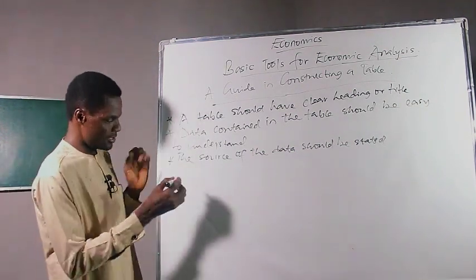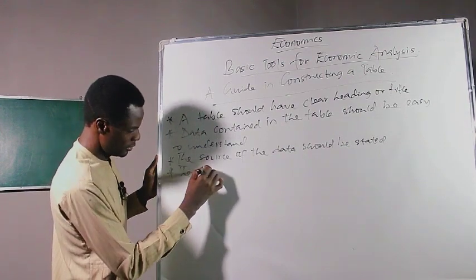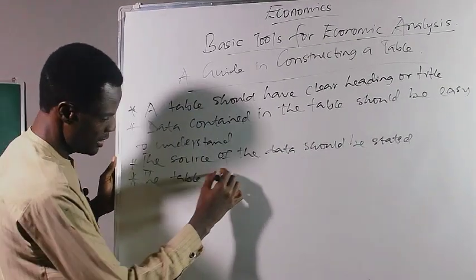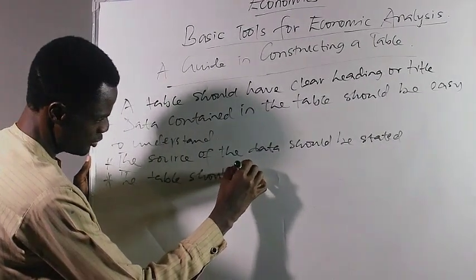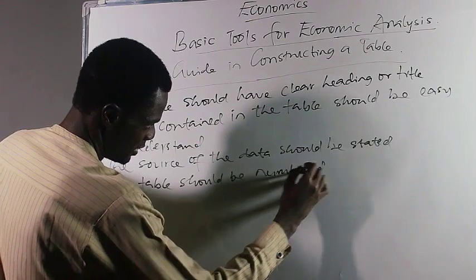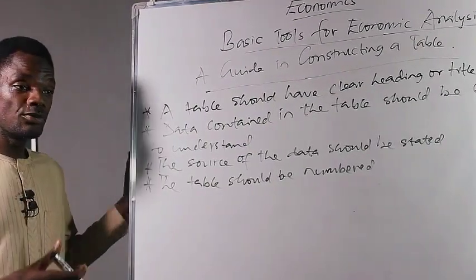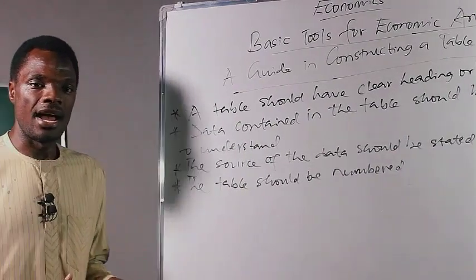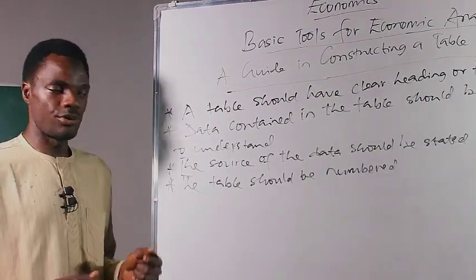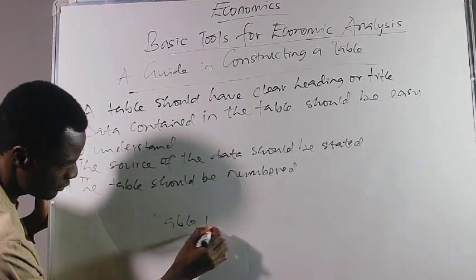The next thing is that the table should be numbered. That means if it involves more than one table. So if you are dealing with many pieces of information and you don't want to confuse the reader, you write Table 1.